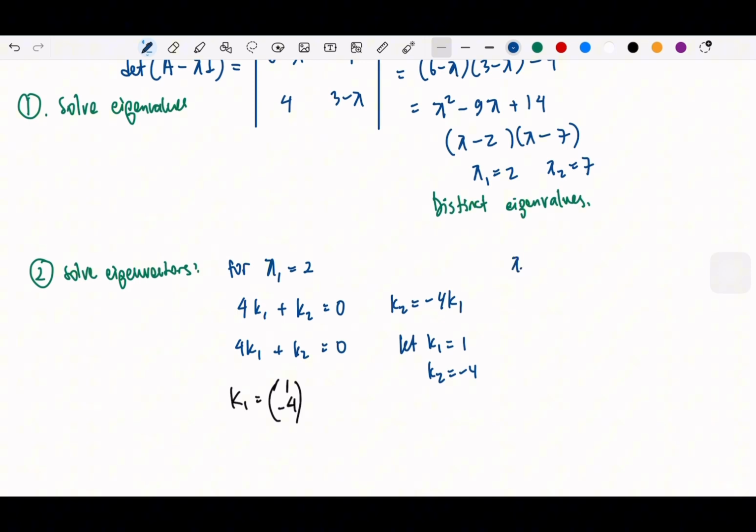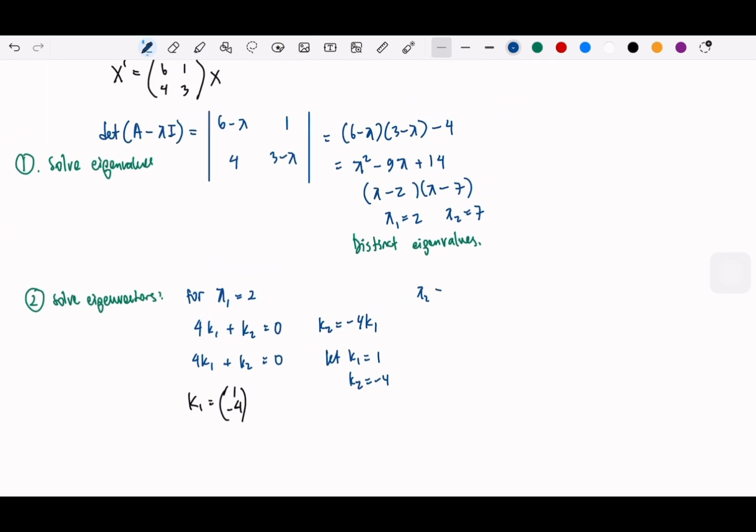And for lambda 2, which is 7, this will be negative k1. 3 minus 7 is minus 4. So k1 is k2, which means that for sure this will be 1, 1.